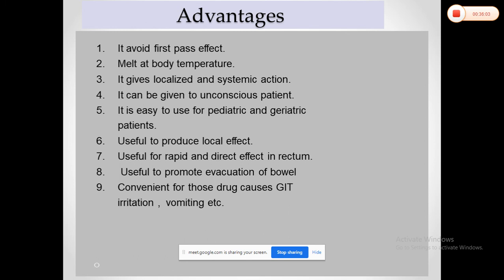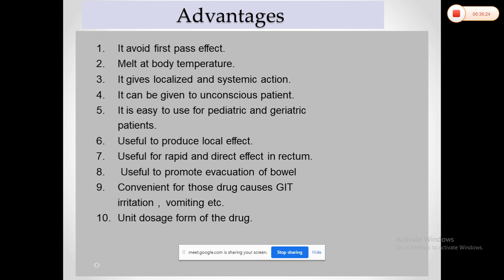So this is a convenient mode of administration for drugs which irritate the gastrointestinal tract, sometimes cause vomiting, and sometimes are destroyed in the acidic pH of the gastric juice of the stomach.